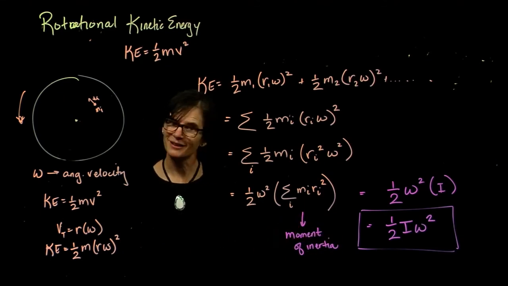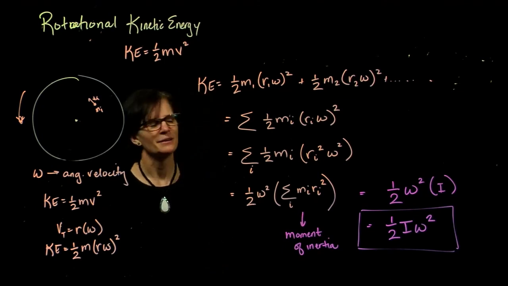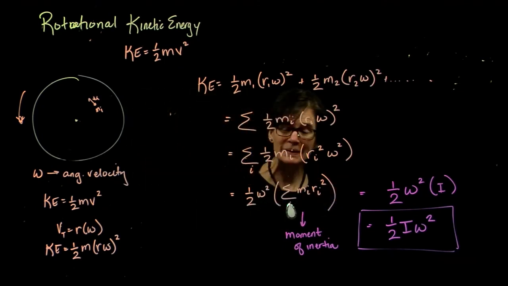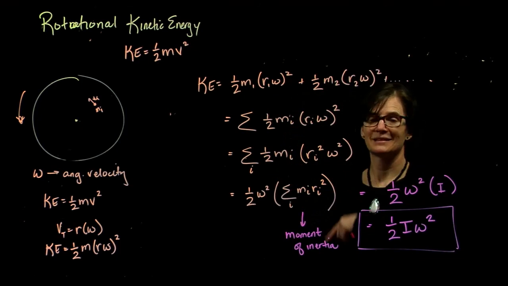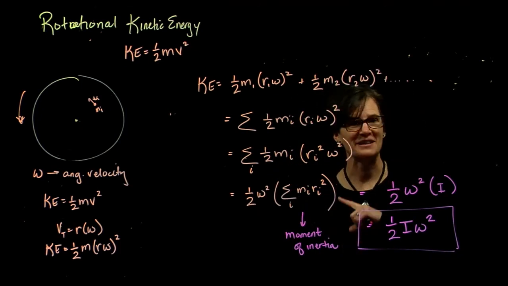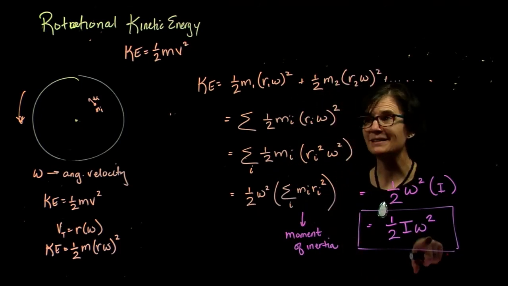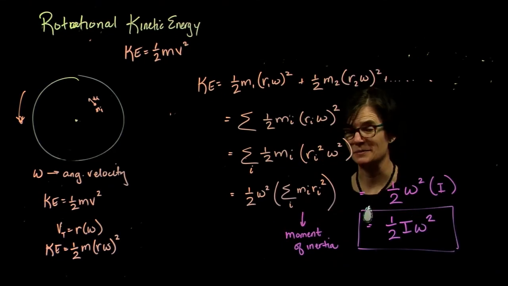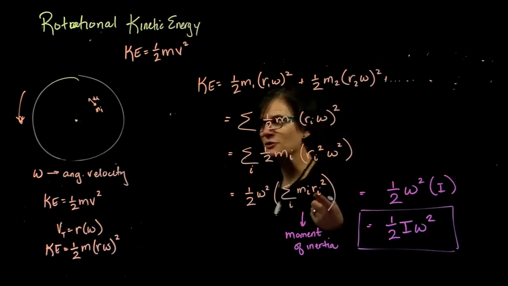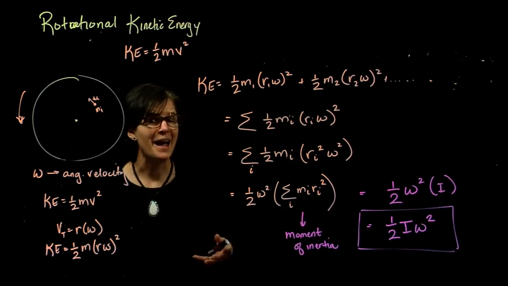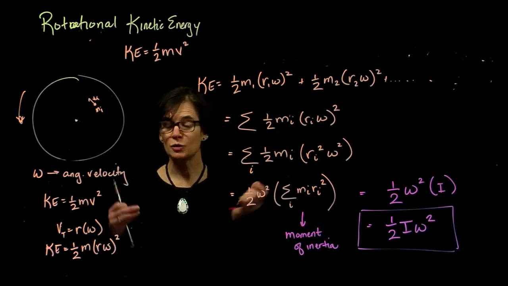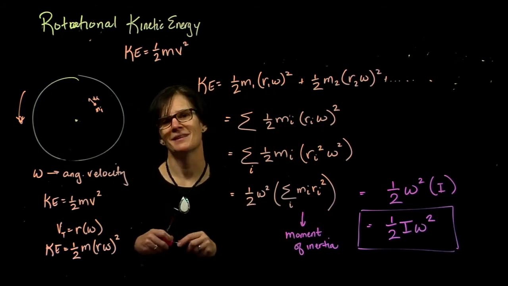Omega, well, that's our angular velocity, our angular speed, analogous to our translational speed. And our I, mass distribution, is analogous to our mass in translation. So we can utilize this relationship similarly.